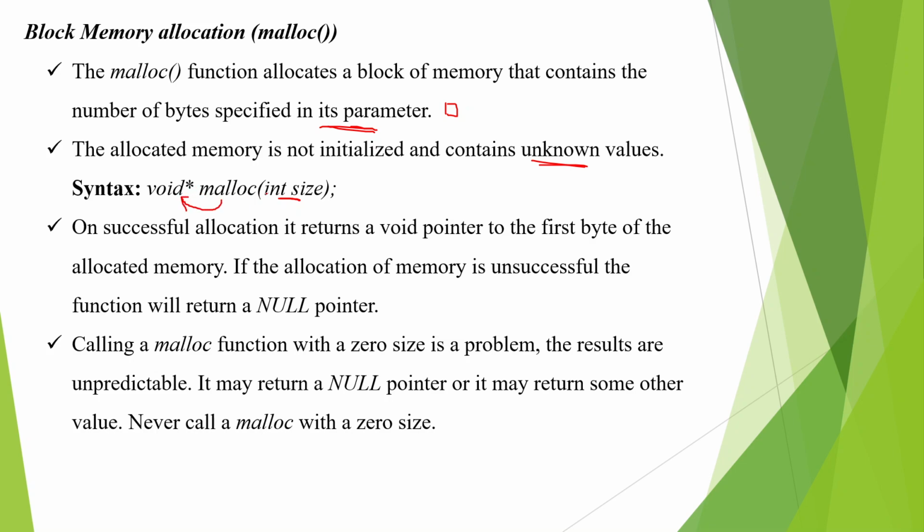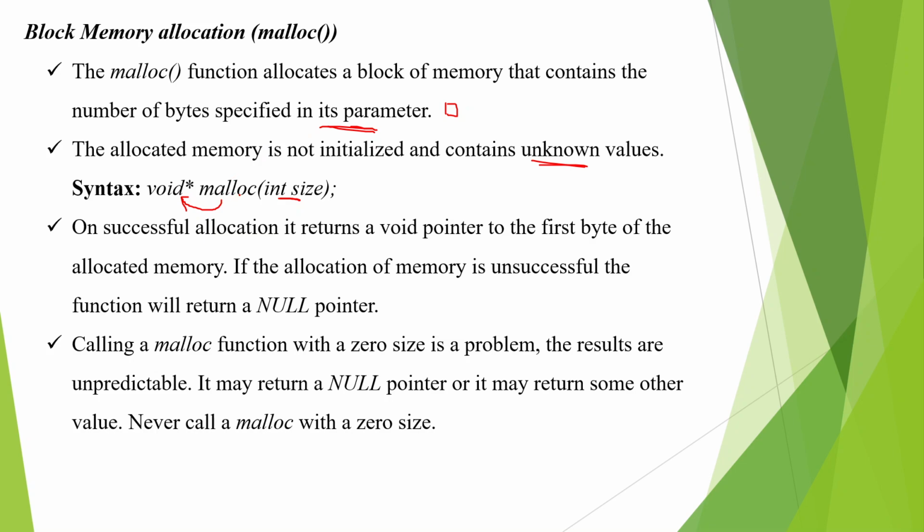A generic pointer. Respective to the type of value you want to store, you can typecast that generic pointer. If you want to store integer values, you can typecast it as an integer. If you want to store character, you can typecast with character. Likewise.